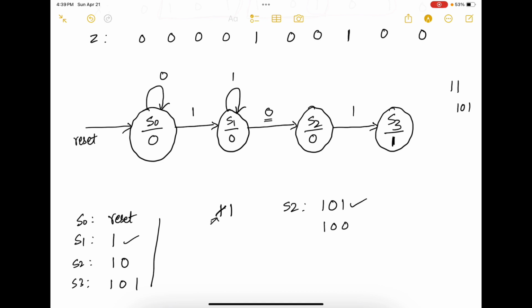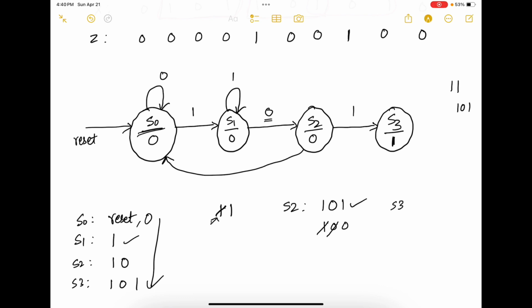There is nothing in this list. Cancel the 1. Look for a state which has 0 0. Again, there is nothing in this list, so cancel that. Look for a state which has a 0. Basically, you have to go to the reset state. Remember, if you are in the state S0 and you get a 0, you are in the reset state. So you go back to S0.